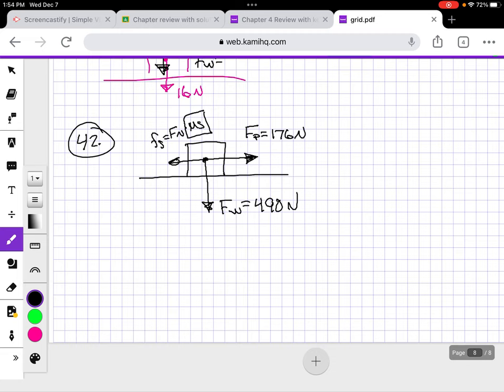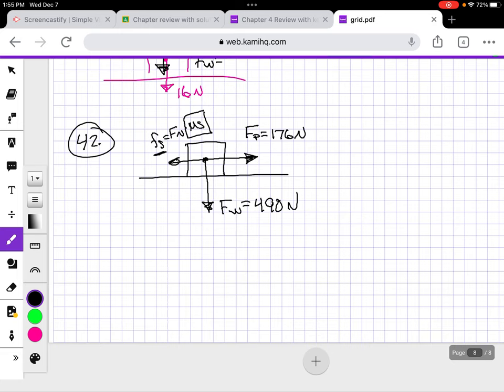So this 176 newtons and the static frictional force are the same. The reason we know that is they're asking for mu s, the static friction.